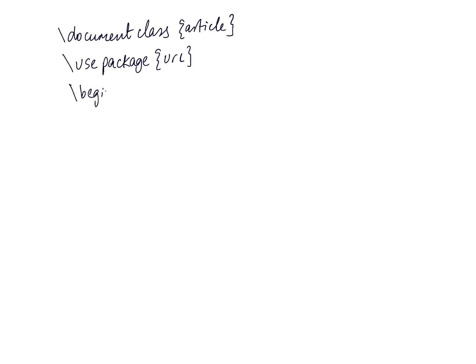Begin the document. No indent. Indentation means that there is a space from the left, but here there is no space. So this is the beginning of the poem, let's say.